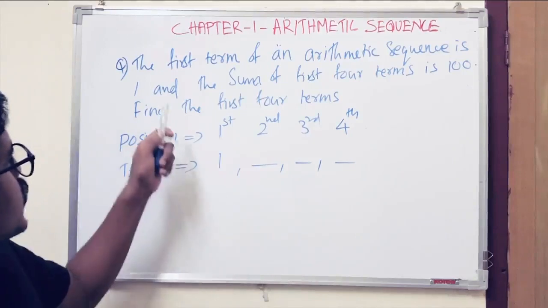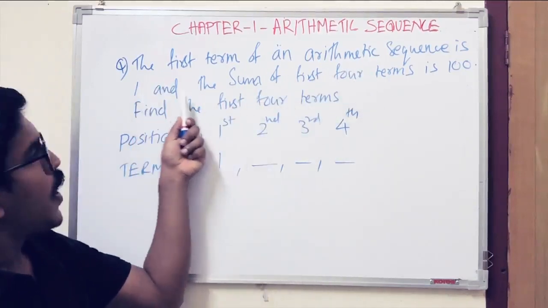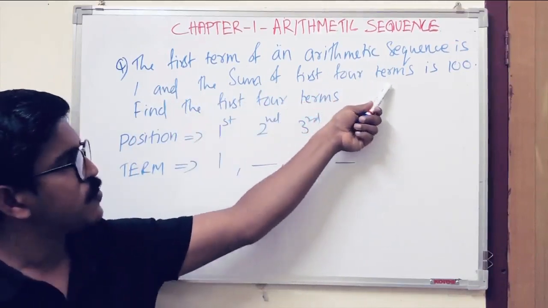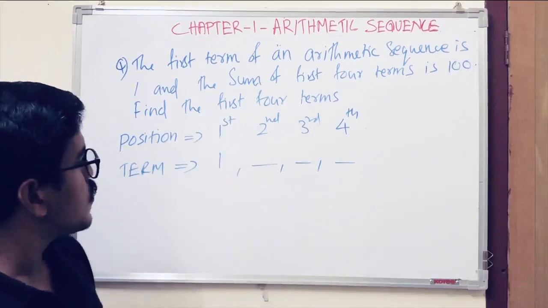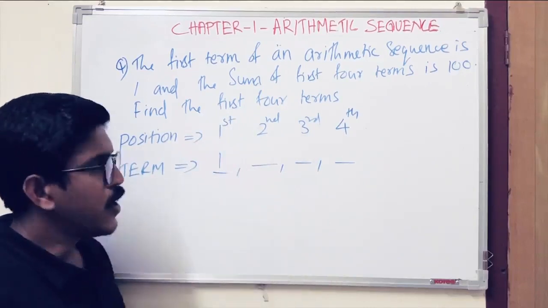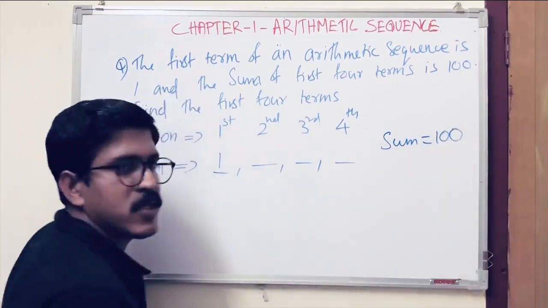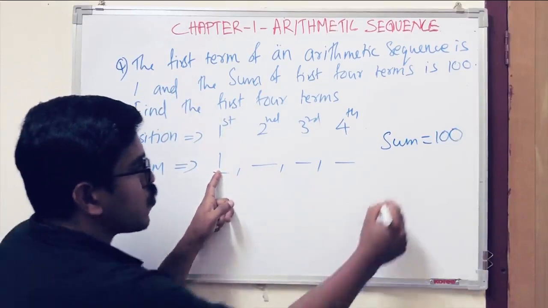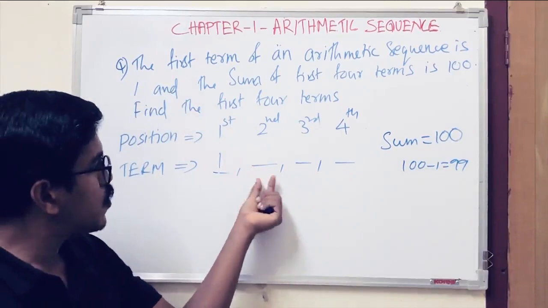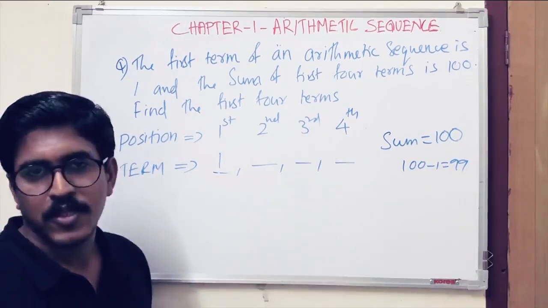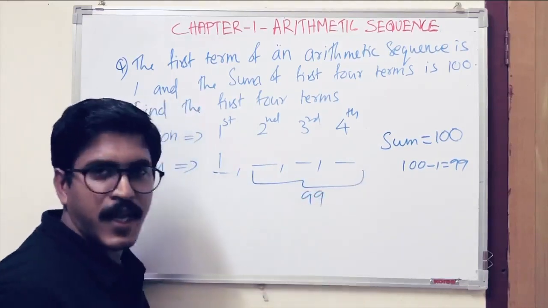Let us consider another problem here. The first term of an arithmetic sequence is 1 and the sum of the first 4 terms is 100. Find the first 4 terms. Here it is given that the first term is 1 and the sum of first 4 terms is 100. So 100 minus 1, that is 99, will be the sum of the second, third and fourth terms.